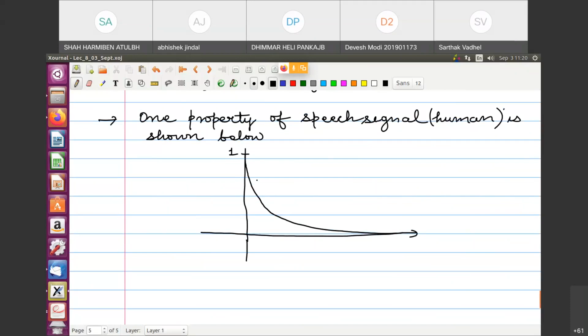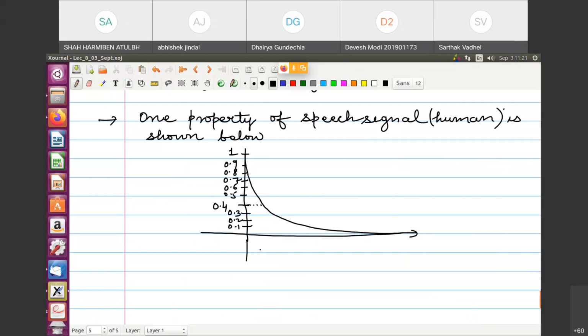Okay, so suppose this is 6.4. This is 0.4, 3, 2, 1. Okay, 0.5, 10.6, 0.7, 0.8, 0.9, 0.8, 0.7, 0.6, and 0.5.